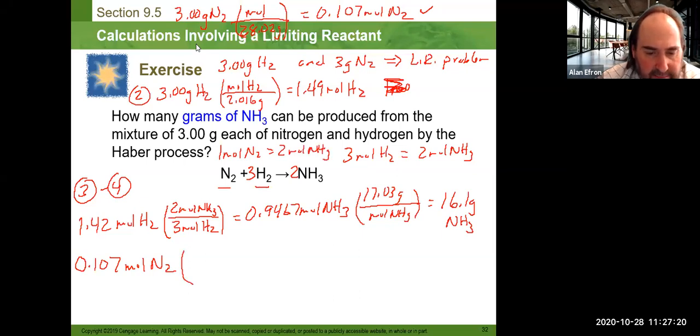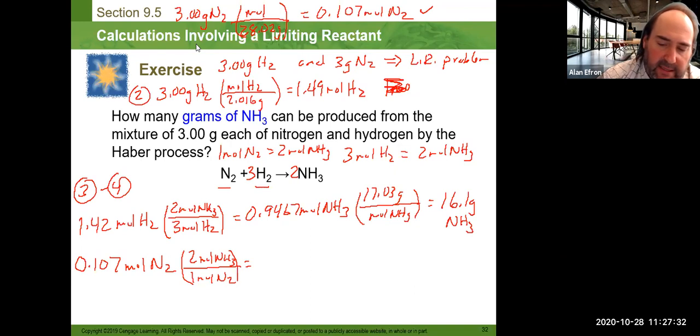So doing our same step 3 and 4 calculation here, starting with nitrogen, that would get us 0.214 moles of NH3.